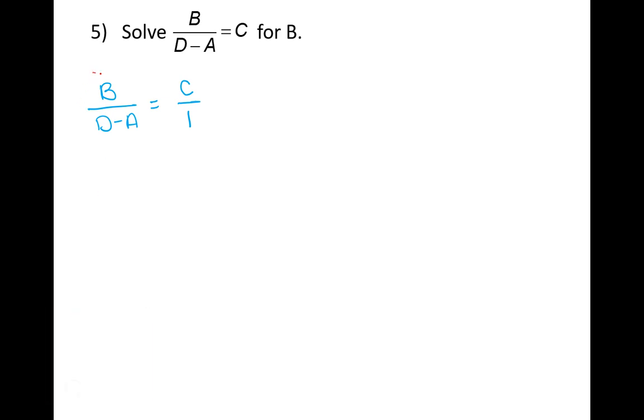When I cross multiply, b times 1 is just b. This side is going to be d minus a times c. I do have to distribute there. I could leave it like that, or I can say, look, it's c times d minus c times a.